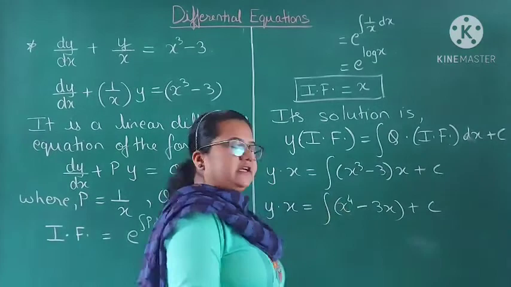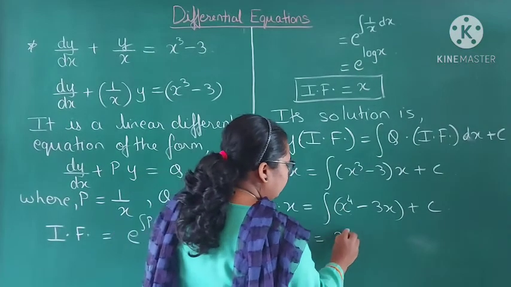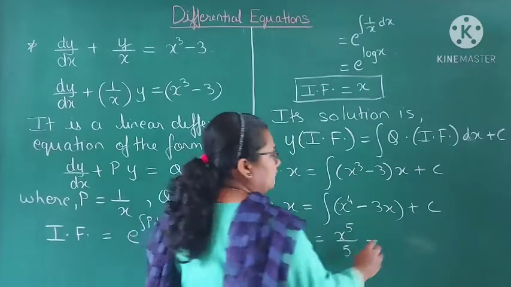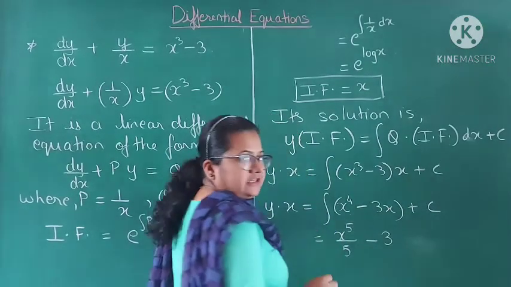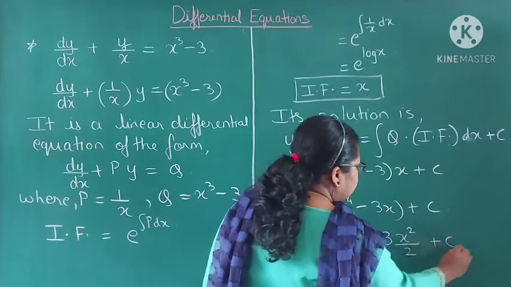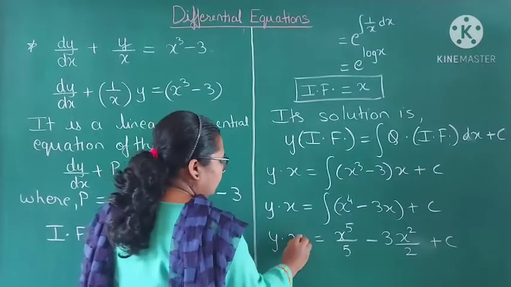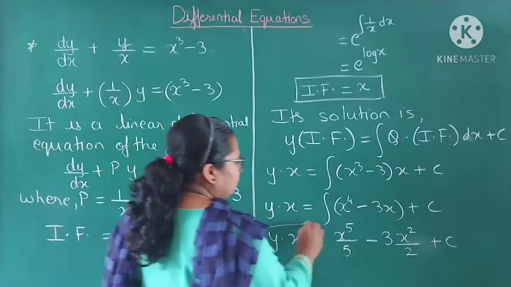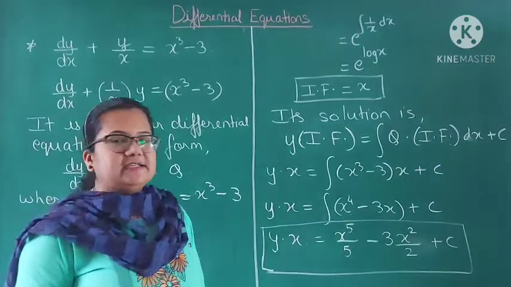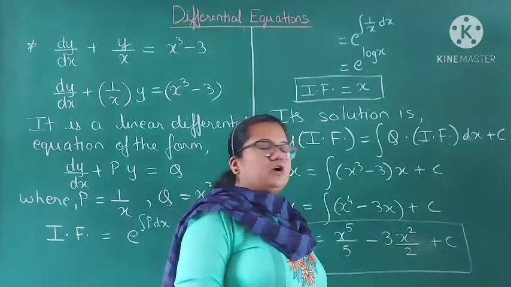Integration of x raised to 4 is x raised to 5 upon 5, minus 3 as it is, integration of x is x square upon 2, plus c. So y into x equal to x raised to 5 upon 5 minus 3 x square upon 2 plus c.